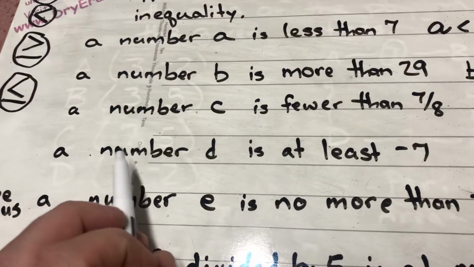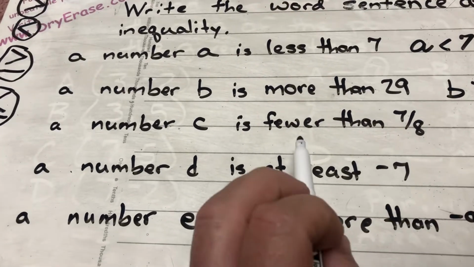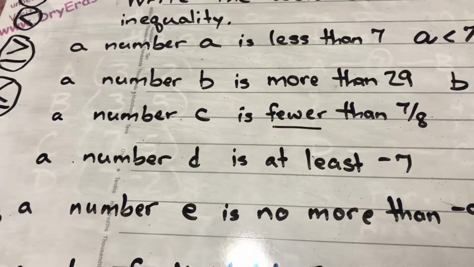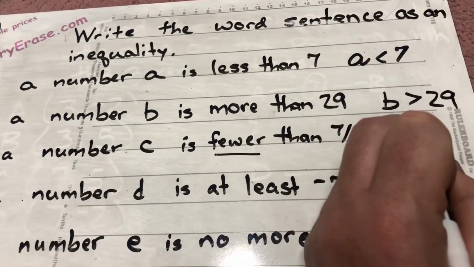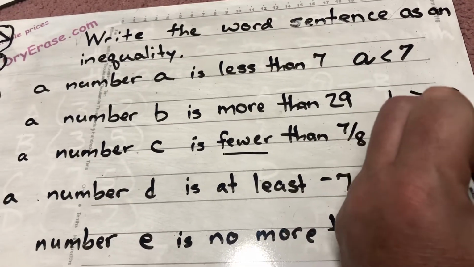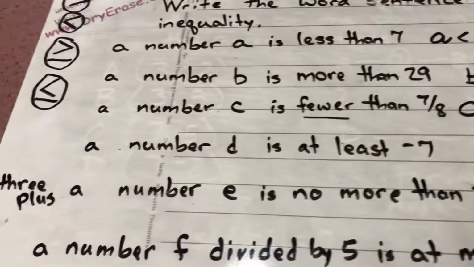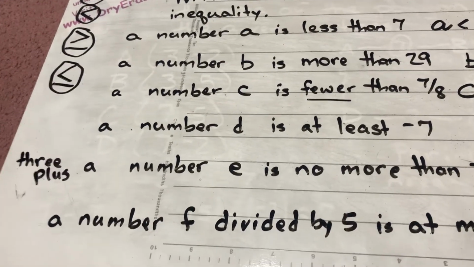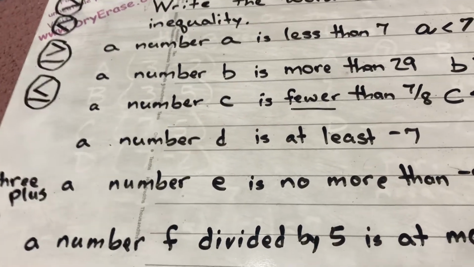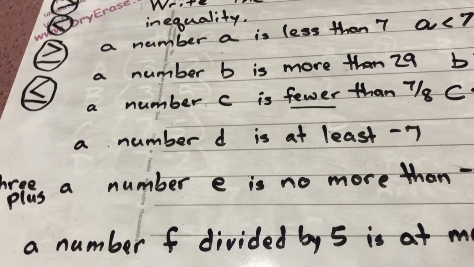Moving right along, a number C is fewer than 7/8. A lot of it is about wording. Fewer, as we know, means less than. So a number C is less than 7/8. All right, moving right along. A number D is at least -7. Well, when we say something is at least, it means it can be that, but it can also be anything better.